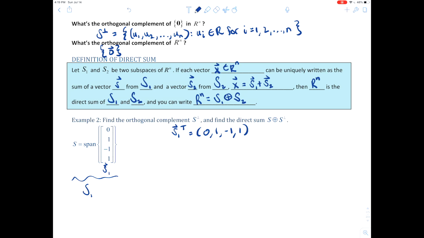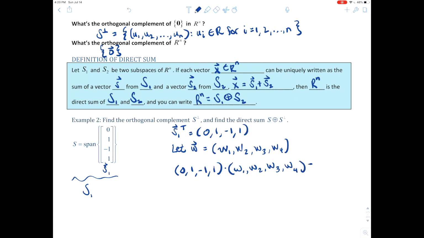So if we let W equal to W1, W2, W3, and W4, and then we evaluate this dot product. So 0, 1, negative 1, 1 dot W1, W2, W3, and W4, and we want this to equal 0, right? So what would that give us?